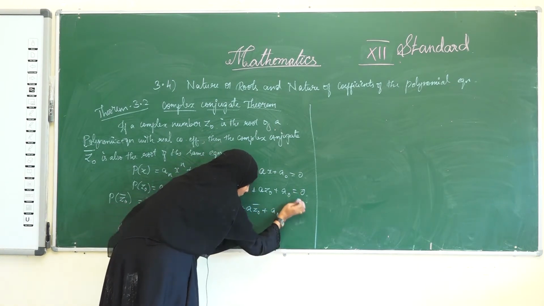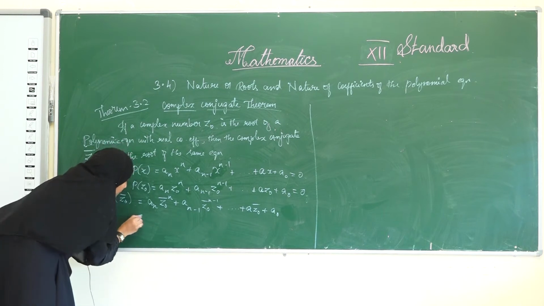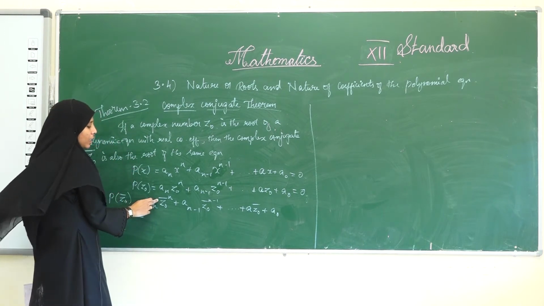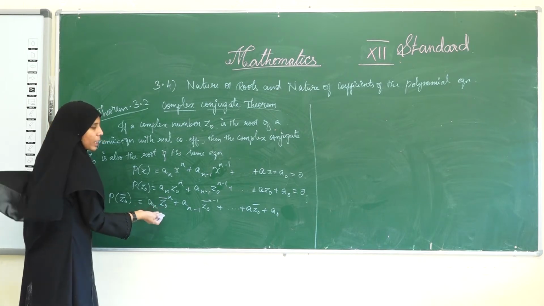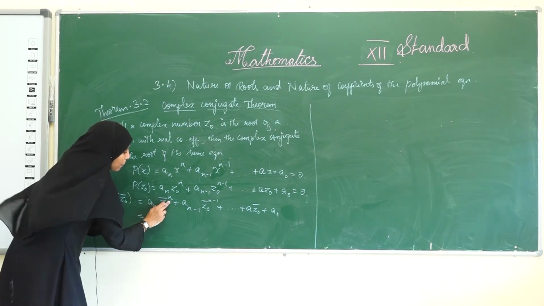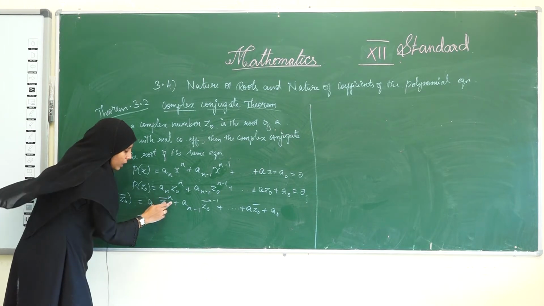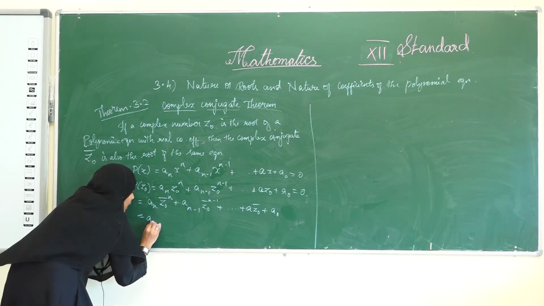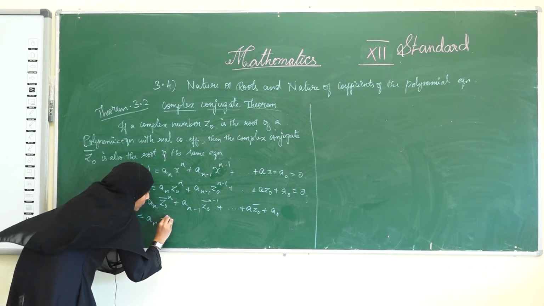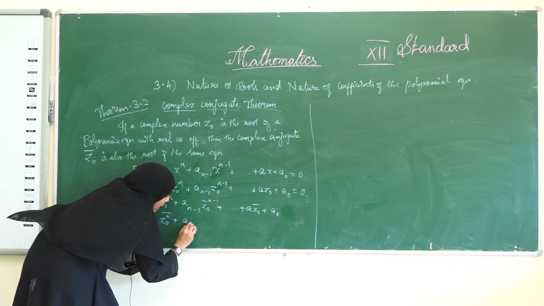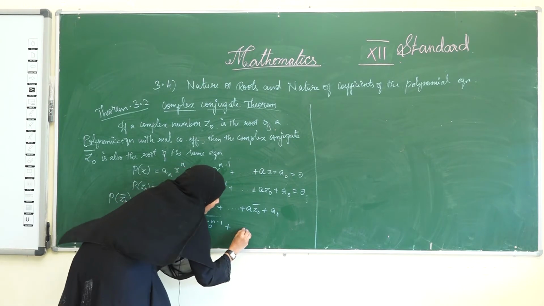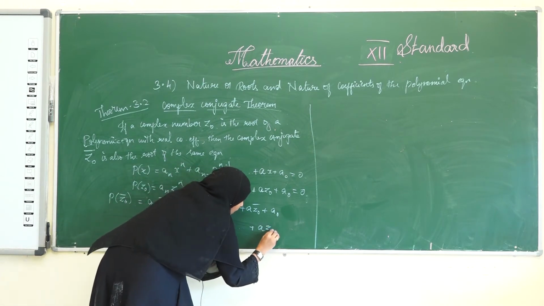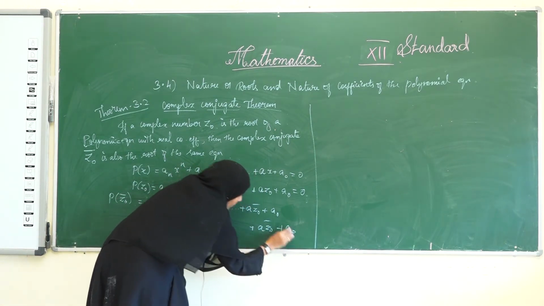See here, the bar is alone for z0, right? We already know that the bar can be applied for the powers also. So a n into z naught power n the whole bar plus a n minus 1 into z naught power n minus 1 the whole bar plus etc. plus a1 z naught bar plus a naught.